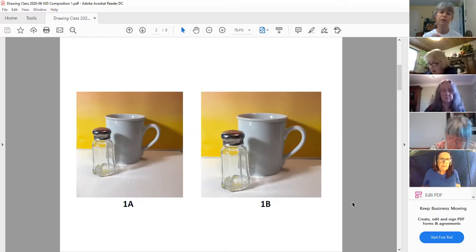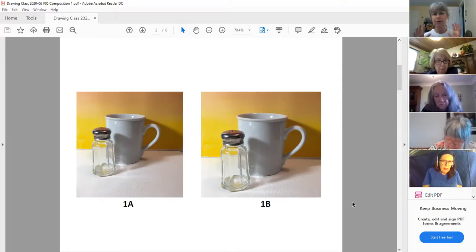So put in your book if you prefer 1A or 1B and put why. I'll give you a couple of minutes, and I have 7 of those groupings to show you. And then afterwards, we'll come back as a group and we'll talk about them.